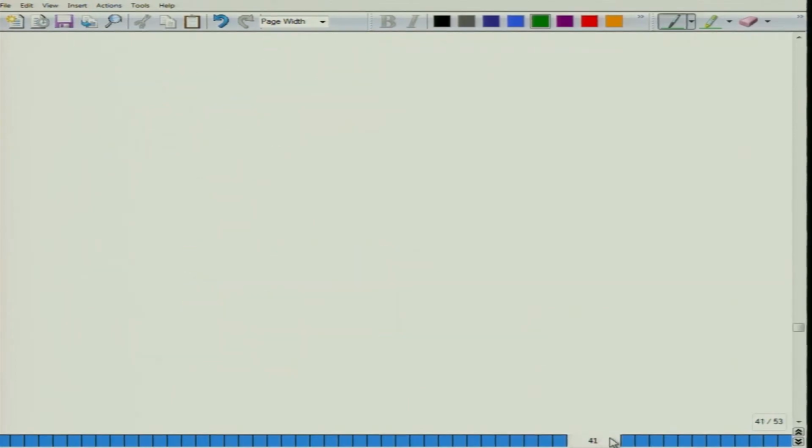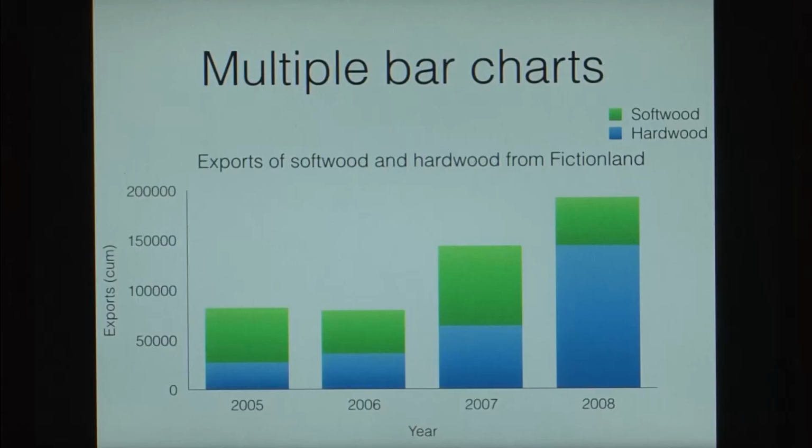Next, we have multiple bar charts. Multiple bar charts are deployed if we wish to show different kinds of data. The multiple bar chart that you see on the screen depicts the exports of softwood and hardwood from a fictional country called Fiction Land in various years. On the x axis we have the years 2005, 6, 7 and 8.